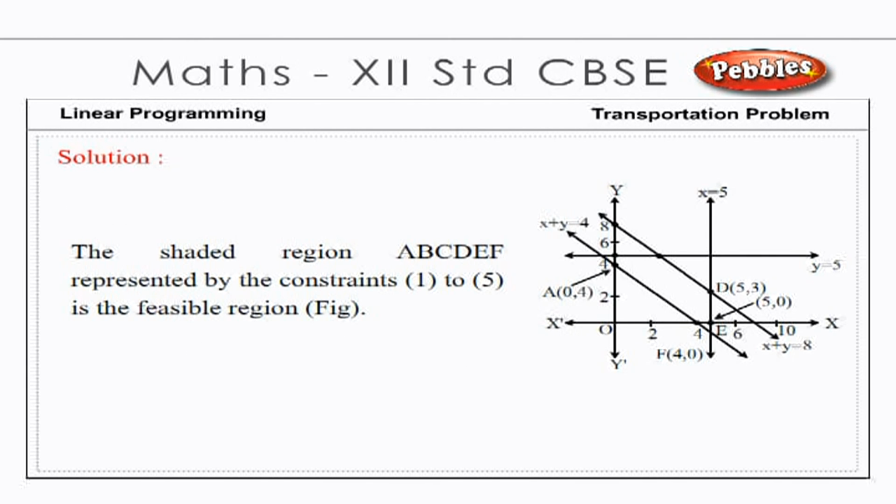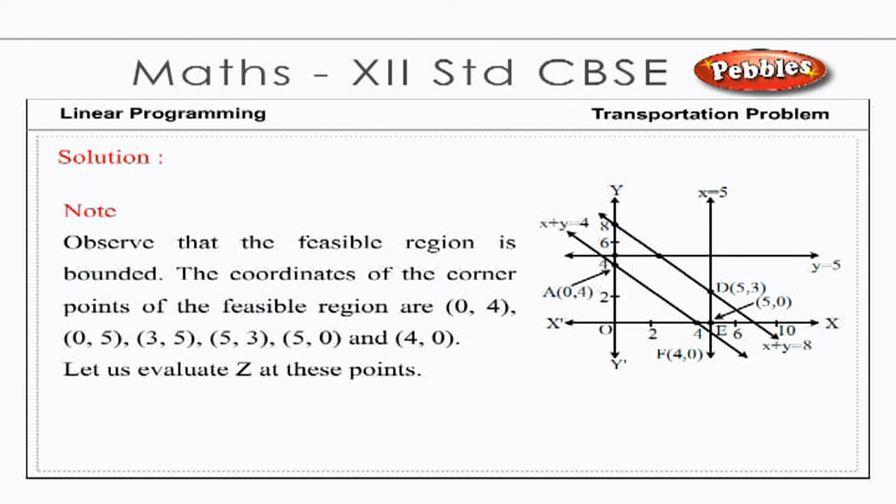The shaded region A, B, C, D, E, F represented by the constraints 1 to 5 is the feasible region.